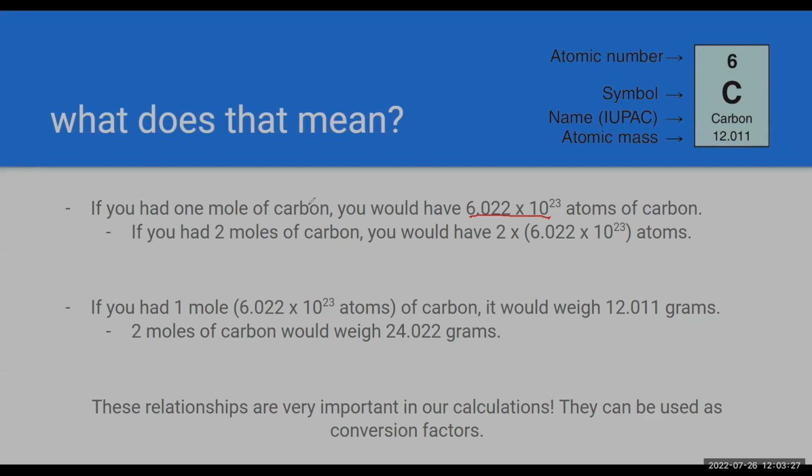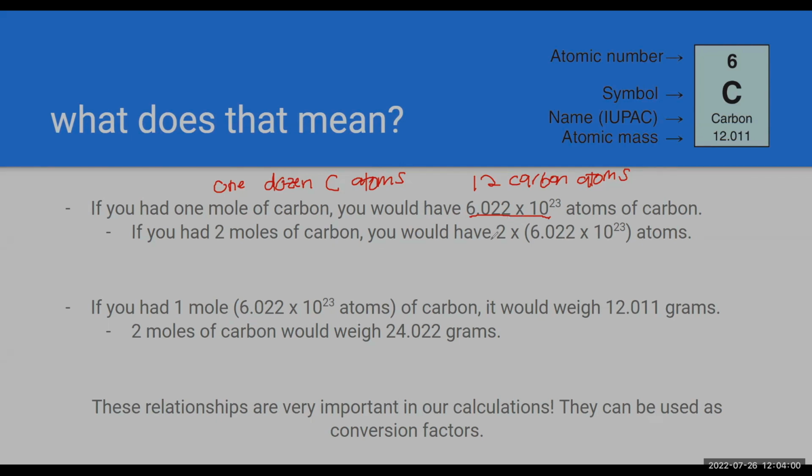So I could also say if I have 1 dozen of carbon atoms, so if I were to write 1 dozen up here, that'd be like saying I have 12 carbon atoms. Now, similarly, if you had 2 moles of carbon, then you'd essentially just have double the atoms of carbon.